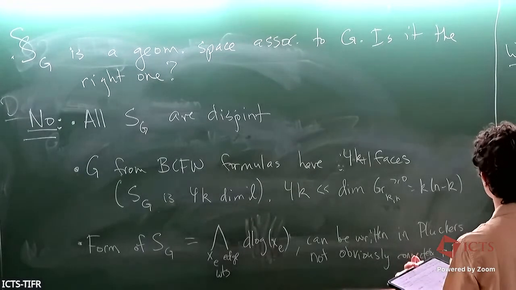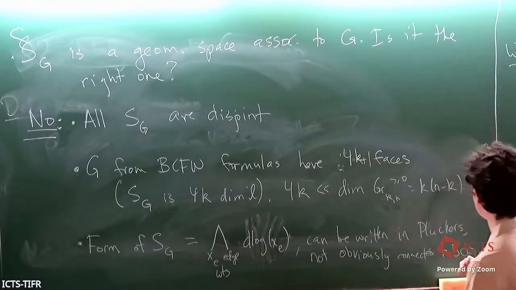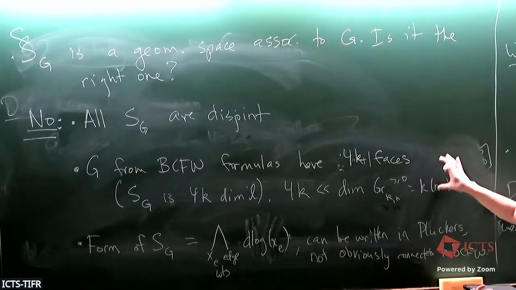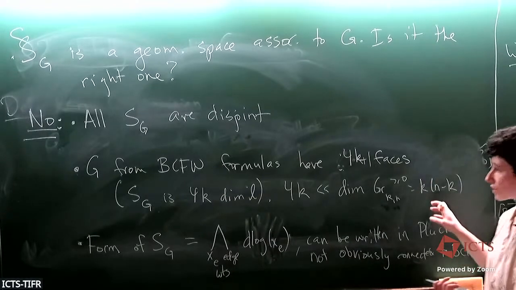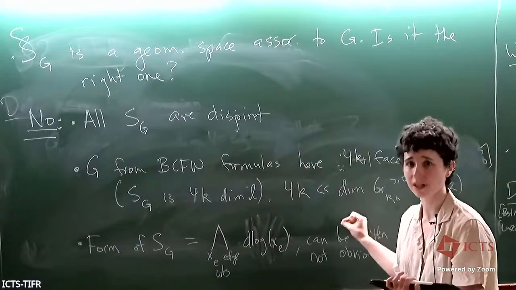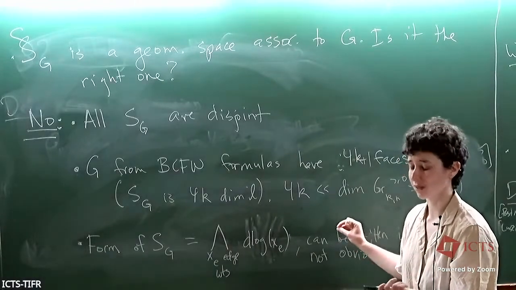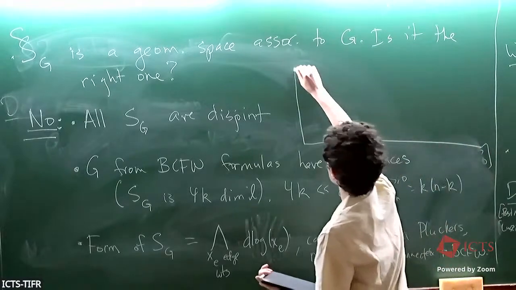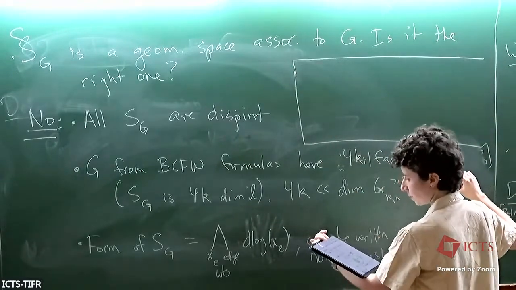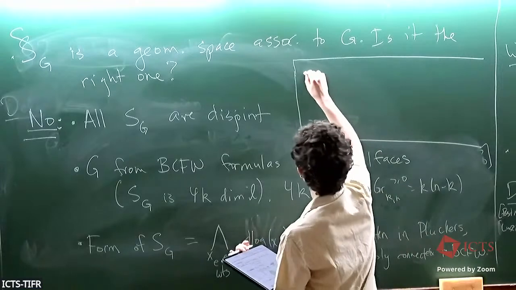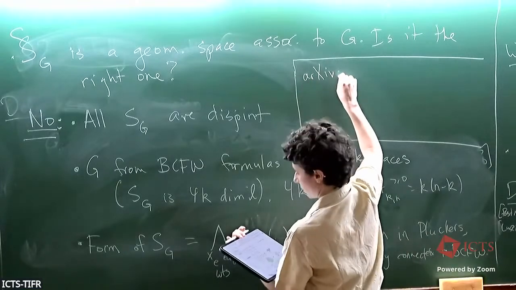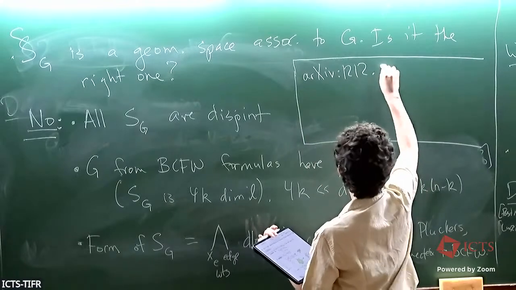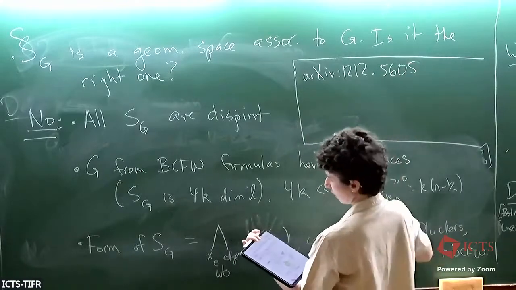Oh, actually, before I go on, there's no obvious connection in this story yet to BCFW, but there are certainly connections to physics and on-shell diagrams. So there's a very nice paper. It has 6 authors. I think actually maybe even it's a book. The arXiv number is 1212.5605.